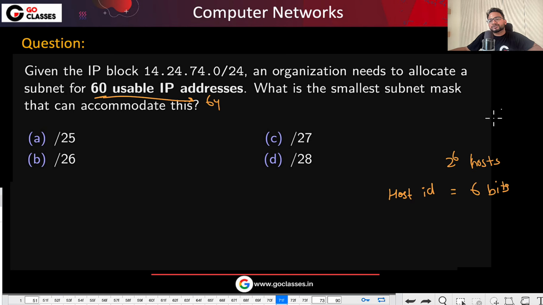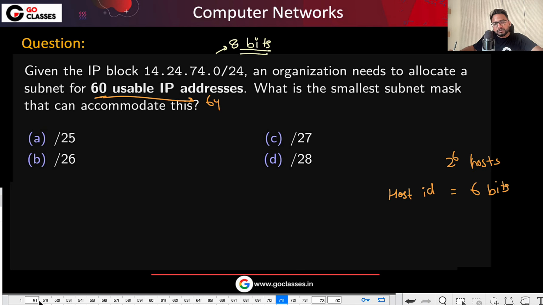So you need 6 bits from the host ID. Currently you have 8 bits from the host ID. You need just 6 bits, which means you can borrow 2 bits. You can divide this into 4 networks or just 2 networks.